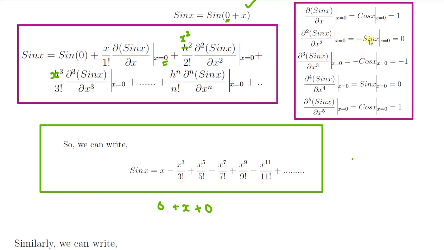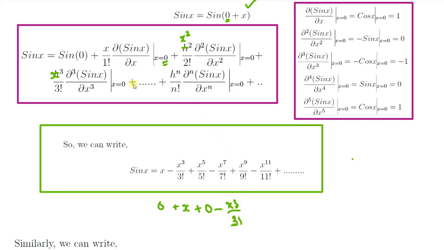Derivative of sin x is cos x. But there is already a minus sign, so minus cos x will come here. At x is equal to 0, cos x is equal to 1. So there is a minus sign, so minus 1 comes here. So this term becomes minus of x cube by 3 factorial.